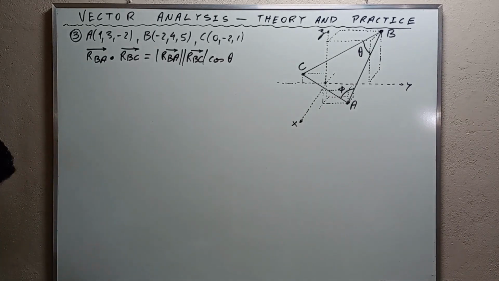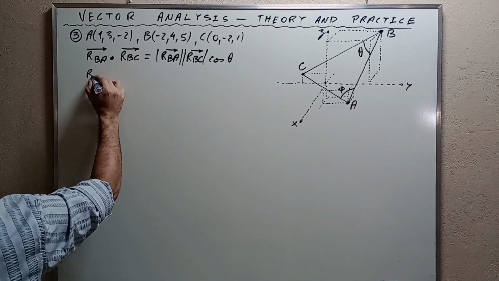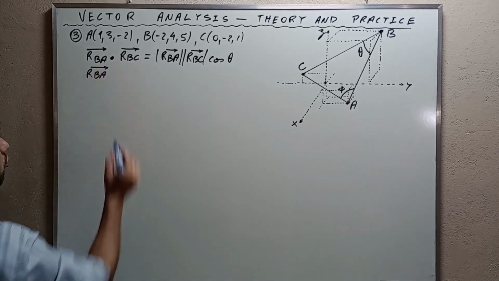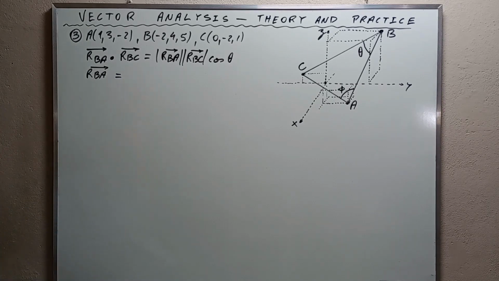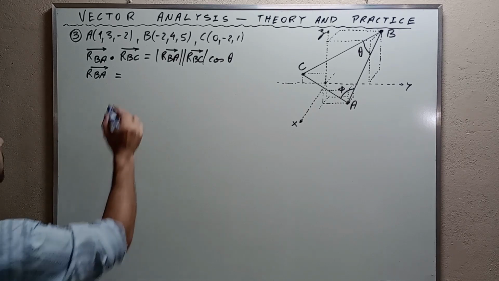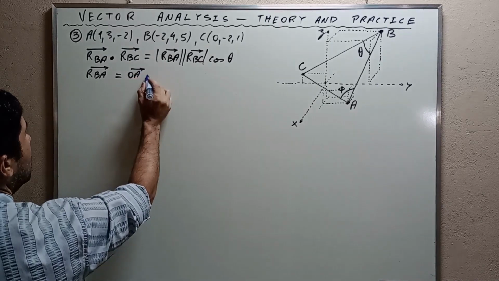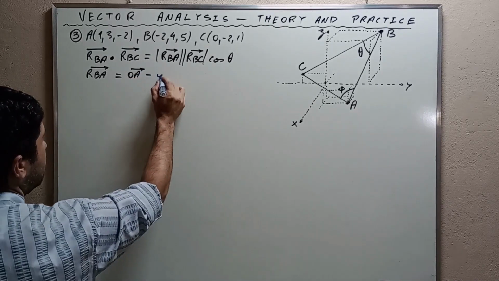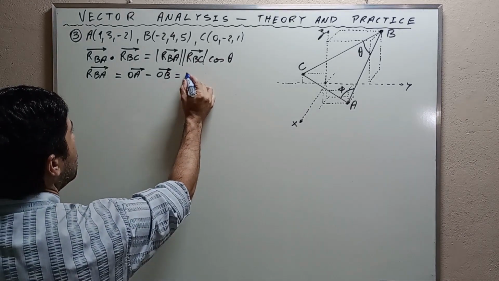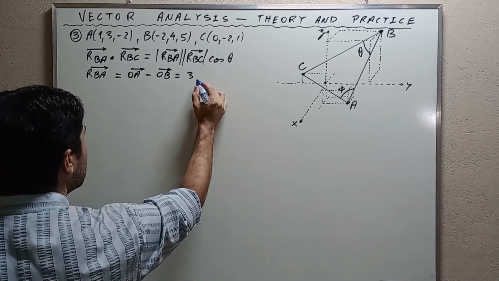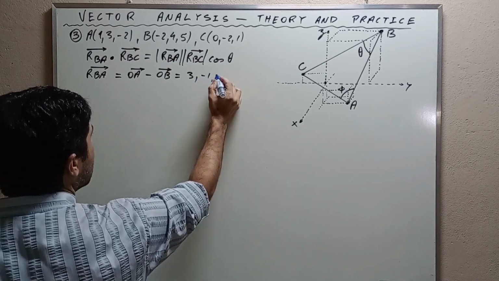As we did before, RBA can be understood as the vector from the origin to A minus the vector from the origin to B. And if we compute, we find 3, -1, and -7.